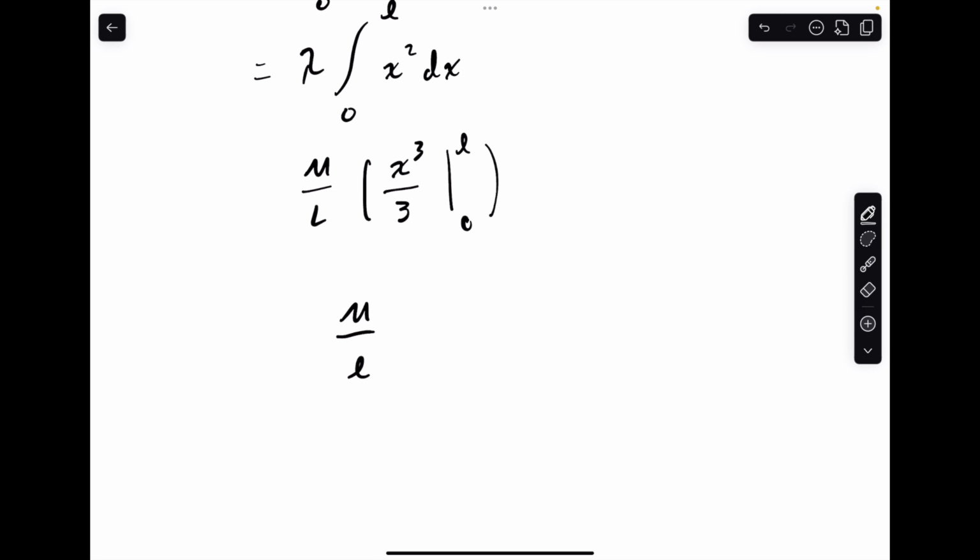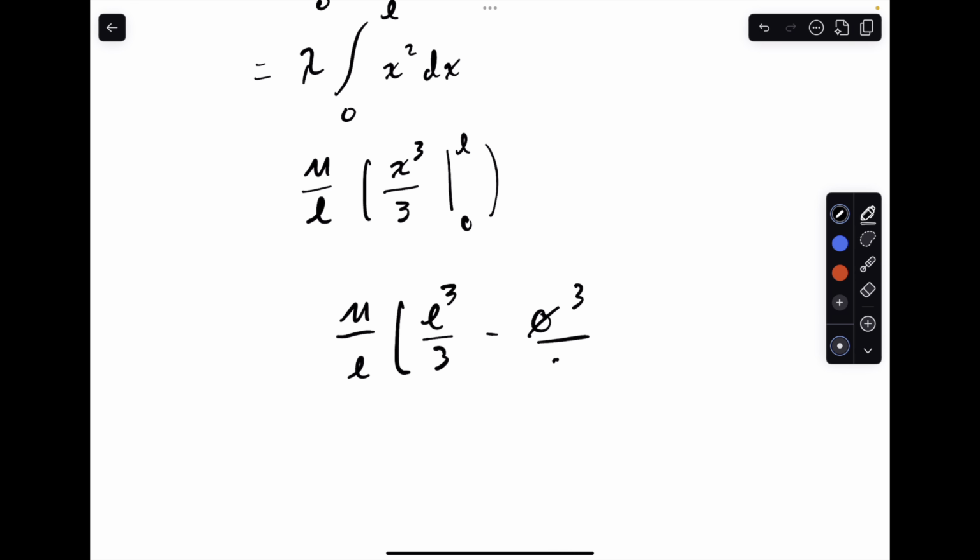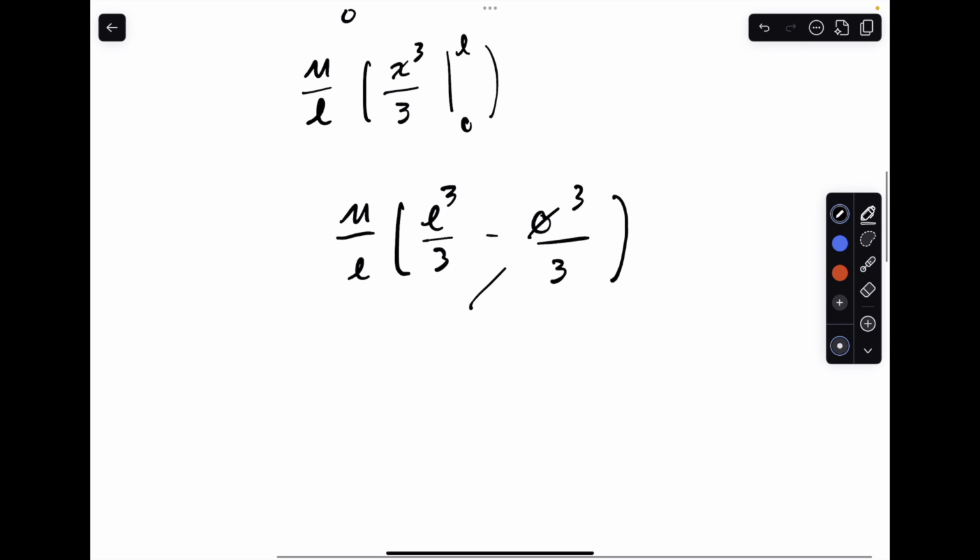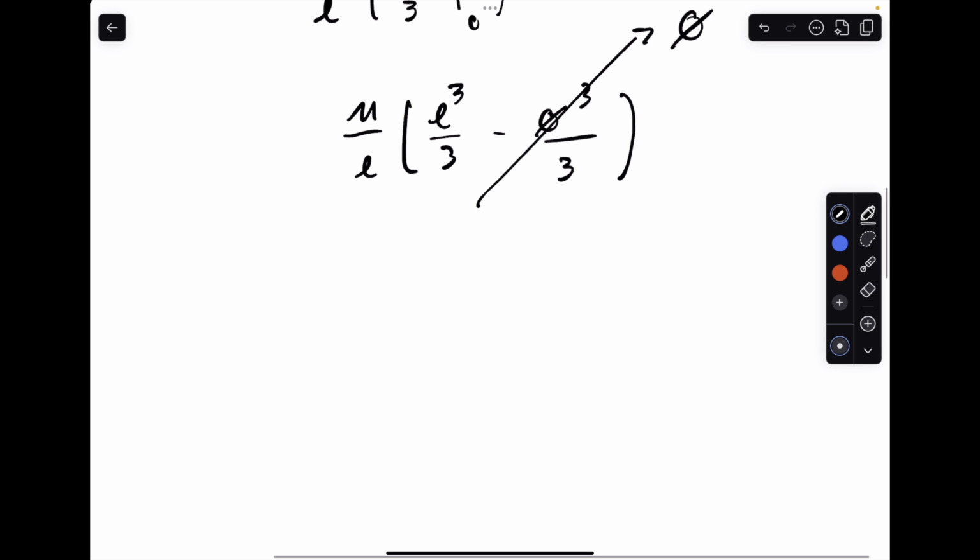Sorry, the L I've been writing the entire time should have been this L, right? So now I get L to the third divided by 3, minus 0 to the third divided by 3. And that becomes 0 because 0 to the third divided by 3 is 0. So this becomes m over L times L to the third over 3.